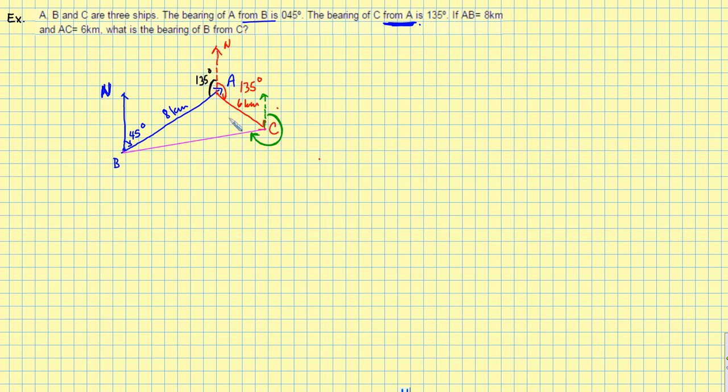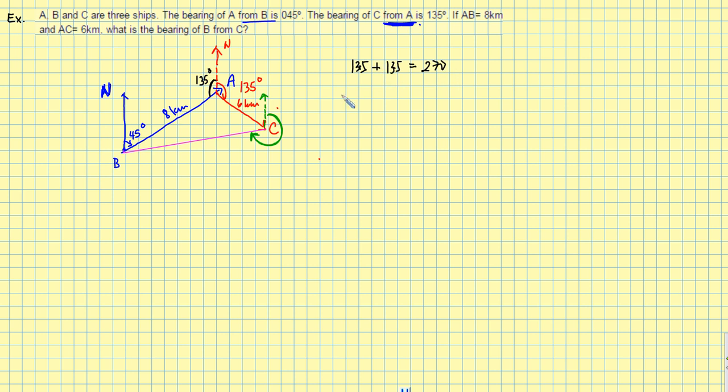So if the angle here is 135 and the angle A that was given to us in the bearing from A going towards C was 135, then 135 plus 135 certainly gives us 270 degrees.